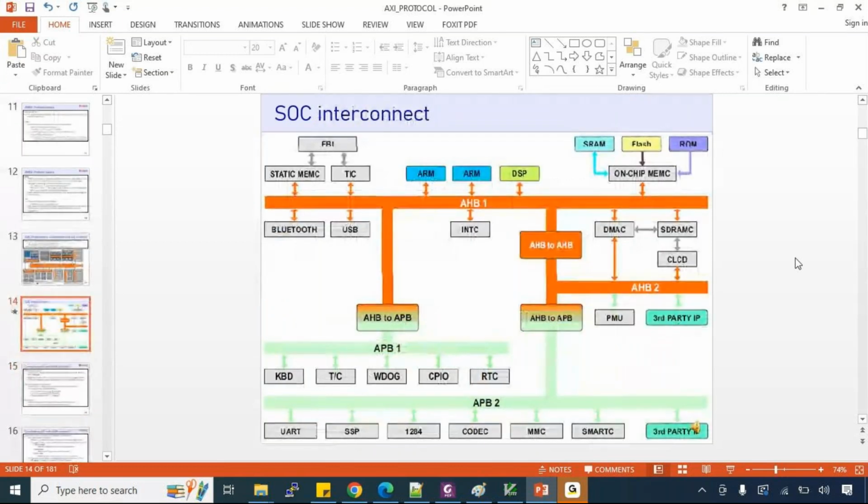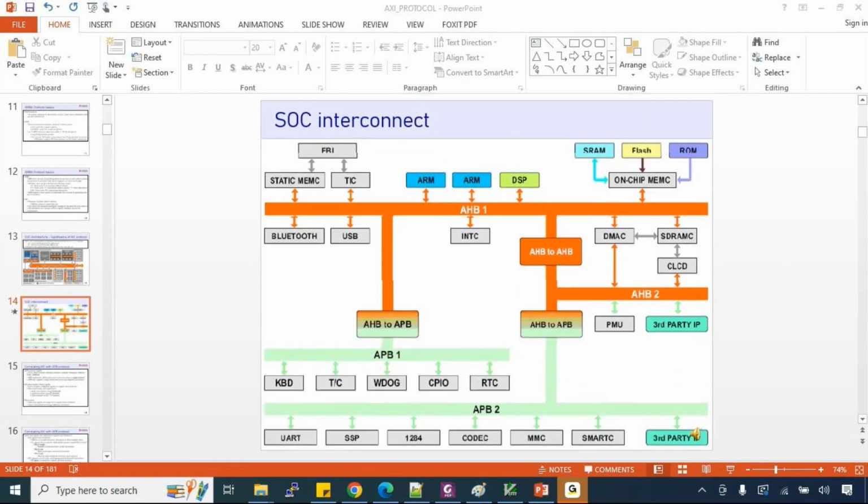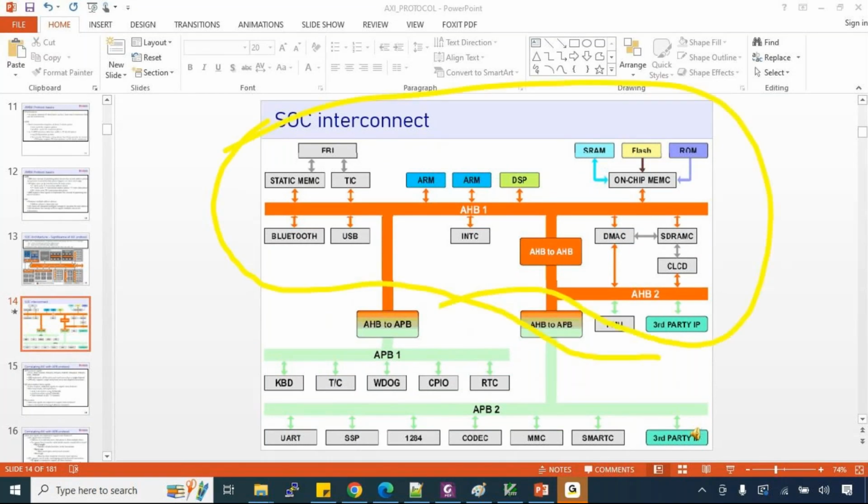This is one more example where AHB and APB are used. See, these are the processors which have the AHB protocol, and down below, to connect low performance peripherals, they need APB. So to connect AHB to APB, they use a bridge called the AHB to APB bridge. This whole portion is working on AHB.